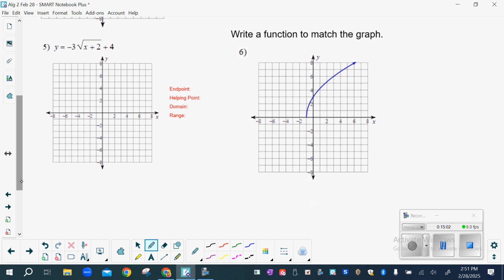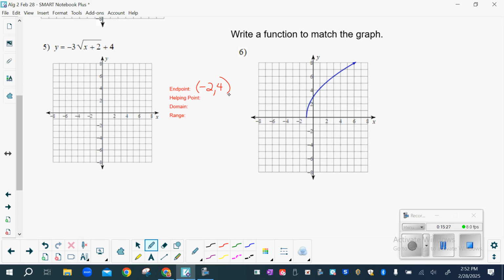Okay, endpoint. Let's group here. What's my endpoint? Number 5. -2, 4. And then a helping point. If I want to get 4, what do I add to 2? Anybody?